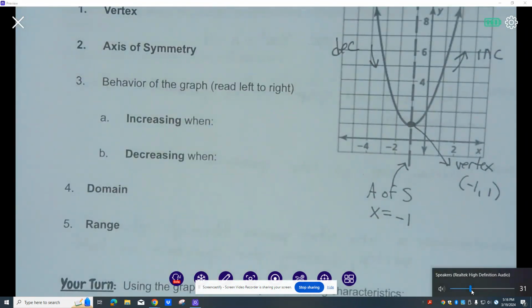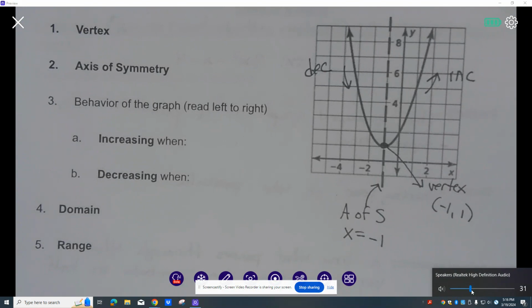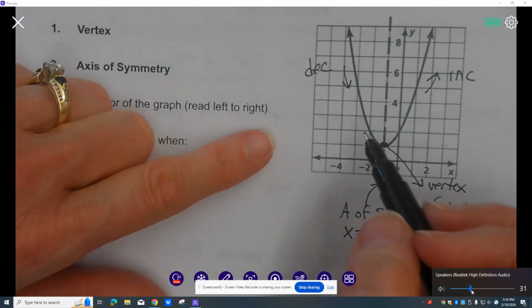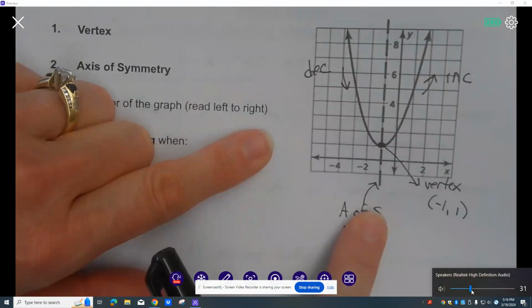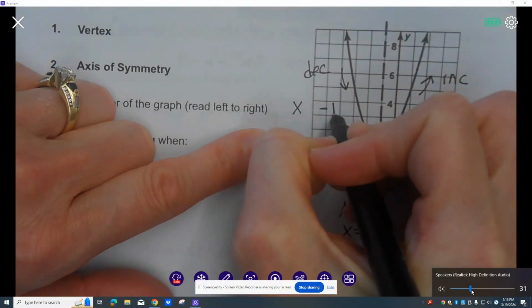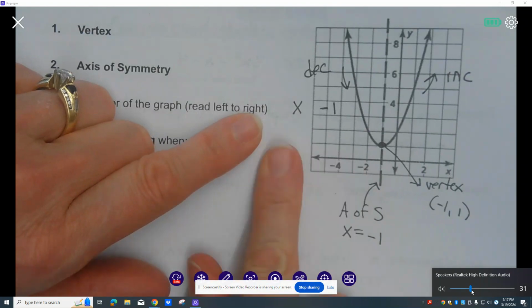Now, when we describe where we're decreasing and increasing, we want to use an inequality, so a greater than or less than. So I want you to think the middle is at x equals -1. So I want to use an x and I want to use a -1. But I want to say I'm on the left side of the middle.